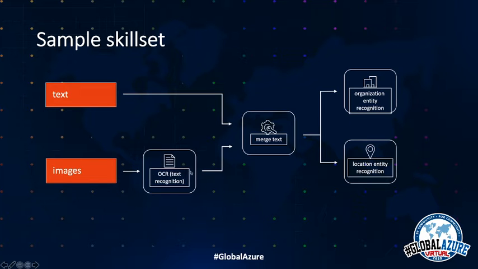The output of this process is text, and we already have text from the first data source, so we merge both sources. We can now apply other cognitive skills, such as entity recognition, to see in which company these images were taken, or which organization these documents belong to.